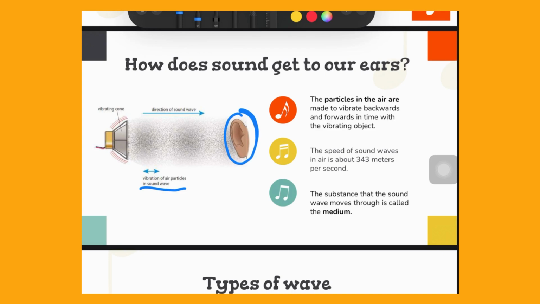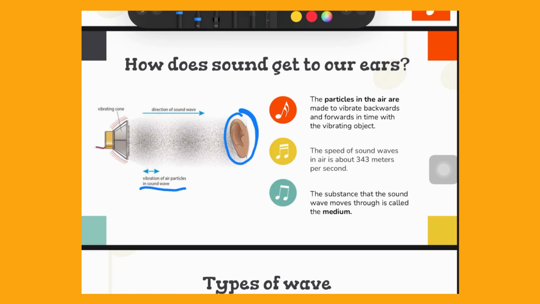So we can hear the sound. The particles in the air are made to vibrate backward and forward in time with the vibrating object. So when the source of the vibration vibrates, it makes the particles around it vibrate too.